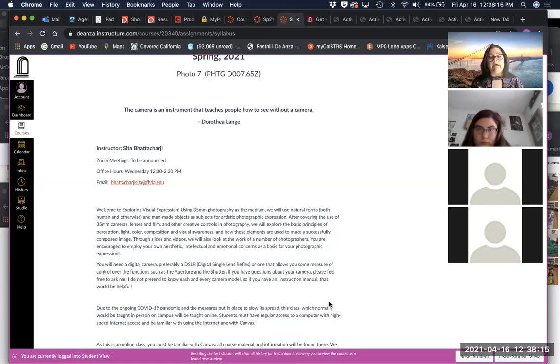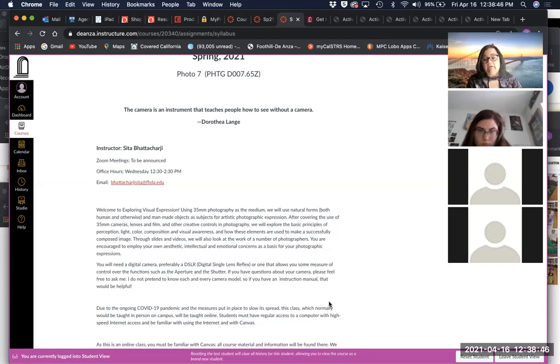So for this class, you will need a digital camera, and preferably a DSLR, single lens reflex camera, or one that allows you some measure of control over the functions of the camera, such as the aperture and the shutter. So hopefully you will have some kind of camera that allows you to control how much light is entering the camera and in what way it enters the camera.